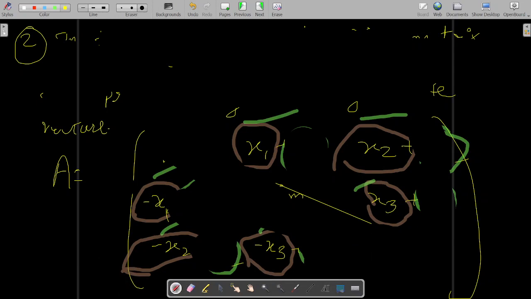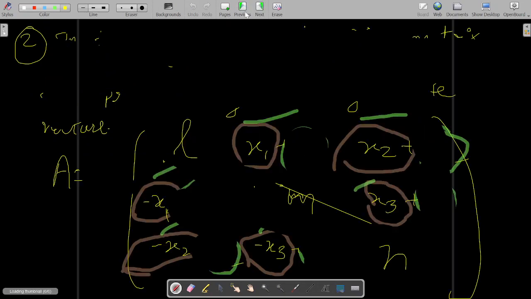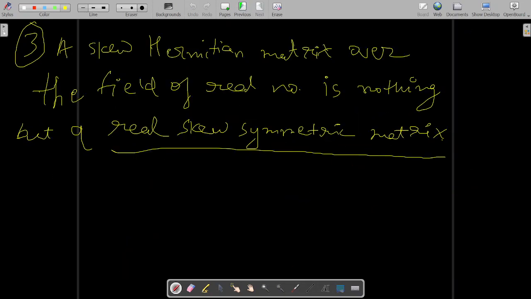Iota elements will go away, and the elements l, m, n remain. So what does this become? This clearly became your real skew symmetric matrix, because you took all the elements to be real.